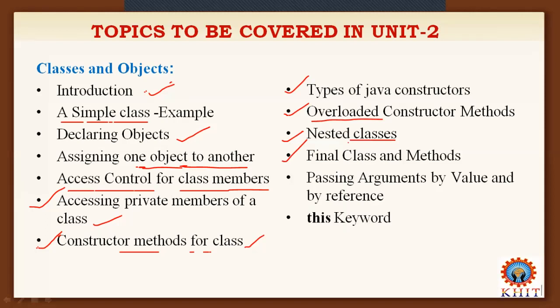Is it possible to declare a class as final? Yes, it is possible, and we'll see along with methods also. Next one, passing arguments by value and by reference to the methods. And especially the this keyword. The this keyword is already familiar from C++ in semester 1, and here also the this keyword has some special characteristics in Java.